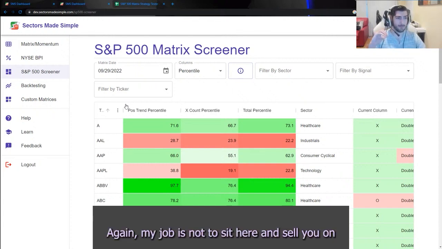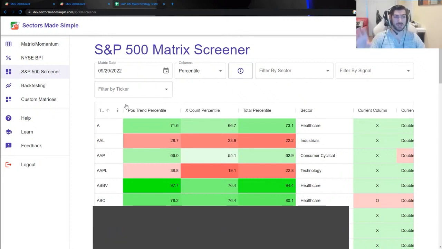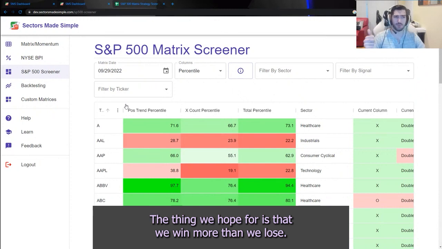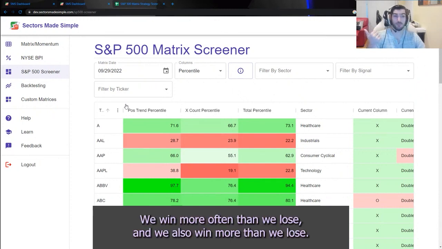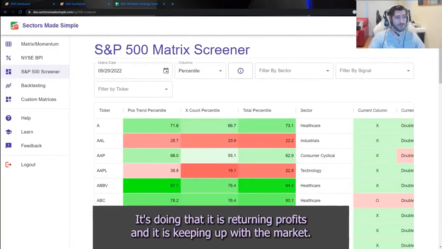Again, my job is not to sit here and sell you on this is going to be the only strategy you ever need. Every strategy has its goods and its bads. The thing we hope for is that we win more than we lose. We win more often than we lose, and we also win more than we lose. For this strategy, it's doing that.